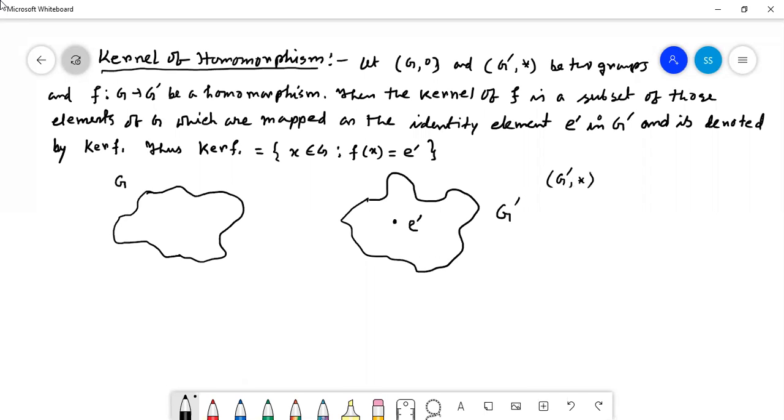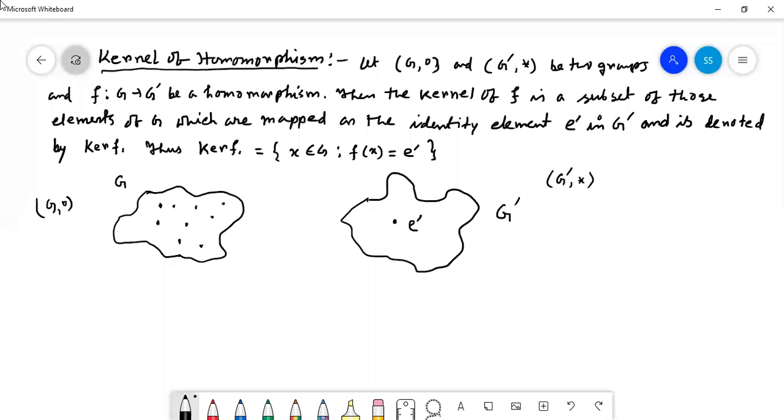Let E dash be the identity element of this. And here G with composition is a group, so there is also some identity element. Let us say that all the elements, that is the Xi, here X1, X2, X3, X4, X5, some elements are there, right?